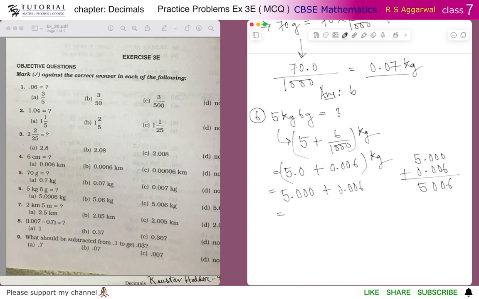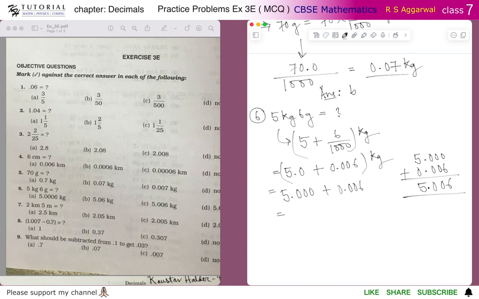Or you can do it another way: since they are like decimals, the decimal places is 3, so you put the decimal point in the final result 3 digits from the right.